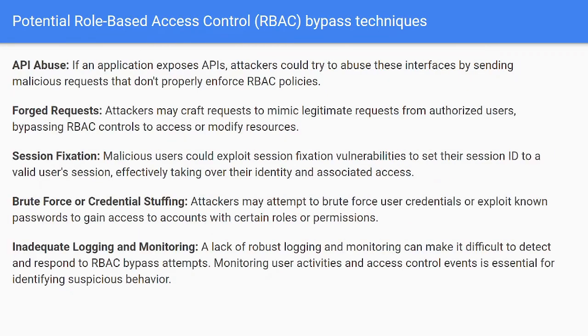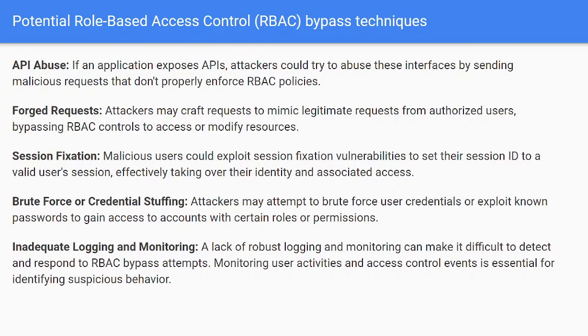Then we have the API abuse. If an application exposes APIs, attackers could try to abuse this interface by sending malicious requests that don't properly enforce the role-based access policies. So if an API is exposed, the attacker will try to exploit it by sending requests that don't enforce the role-based access control policies.